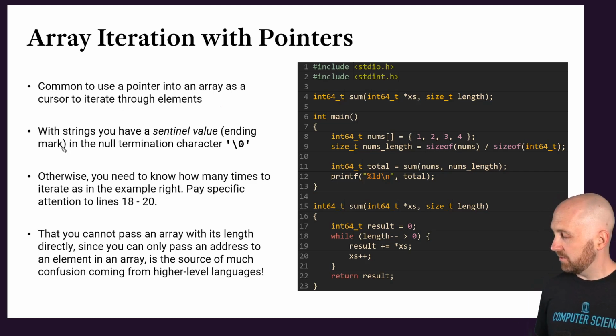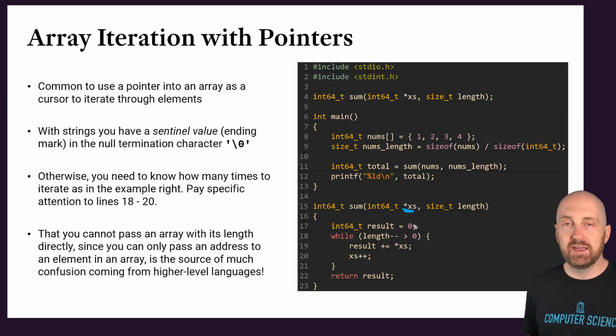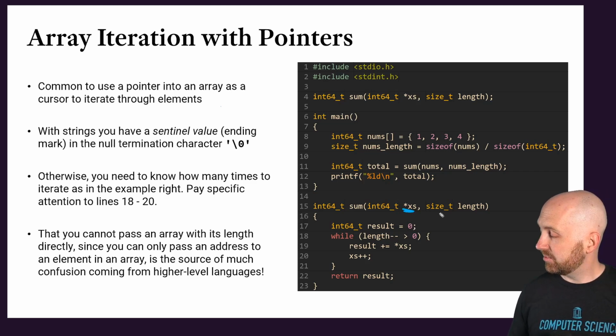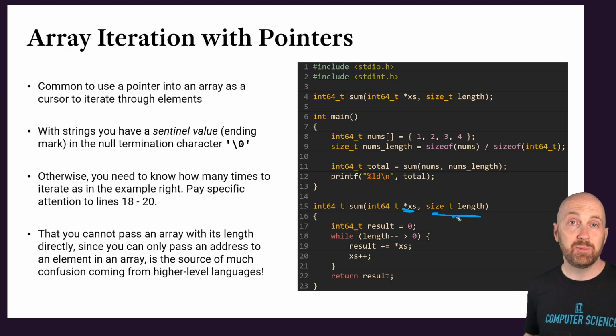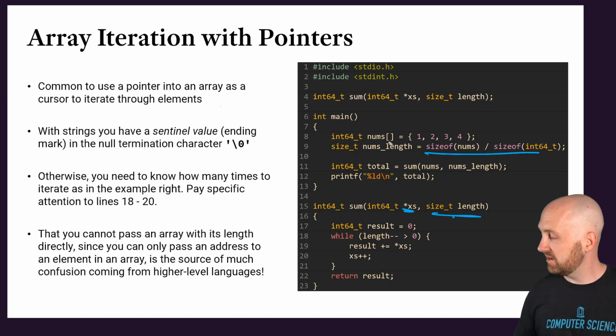Right? And so in this example, the sum function is given a pointer, and the expectation is this will be a pointer to the first element in some array of int64s in this case. And the second parameter here is saying, tell me how many elements there are. And notice that its type is size_t, which means that we expect we can use something that's calculated using the sizeof operator as shown here in order to make use of this function.